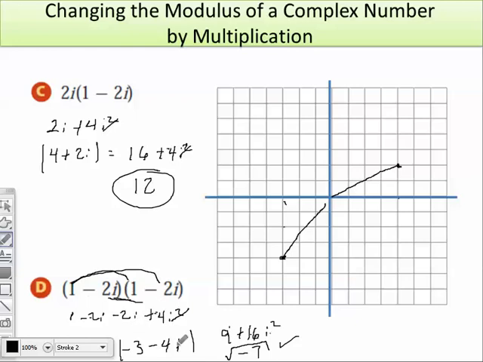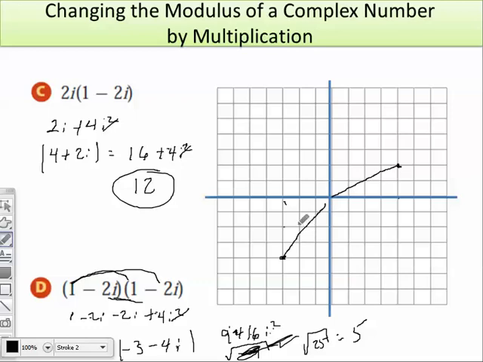That's minus 4i. Oh, it's a minus 16i squared, so that becomes a positive 16. So that becomes the square root of 25, which is equal to 5. I knew I made a mistake there somewhere. I knew it had to be a positive 5. So I got a positive 5 on that one.